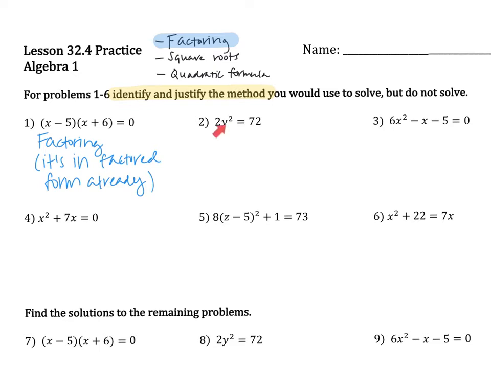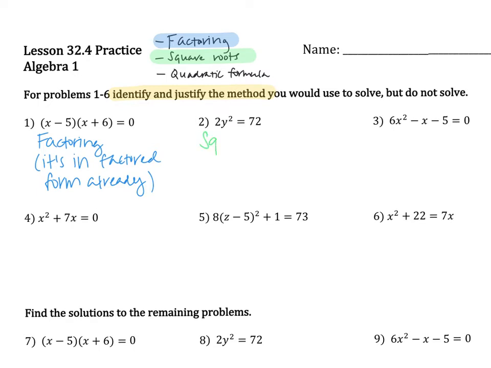So we can see that even though we don't have all terms on one side, we could easily move the 72 over by subtracting it. But then all we have is a term that's squared as well as a constant. There's really not a trinomial there. There's no y term. So the best method to use would be by taking square roots.